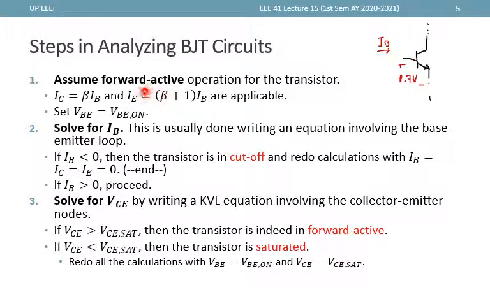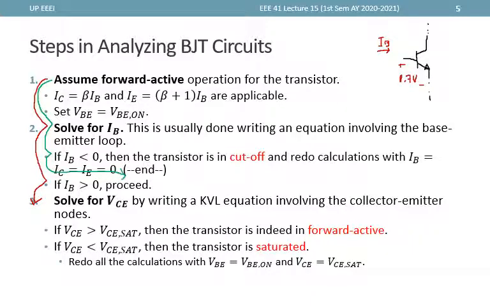And therefore, if you get this result, then the transistor is not in the forward active region, but actually in the cutoff region. Then redo the calculations with all currents at 0, since at cutoff there is approximately no current. Okay, so the other path is that if you get that IB is greater than 0, then proceed to step 3.